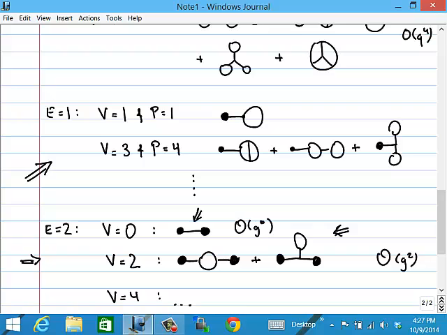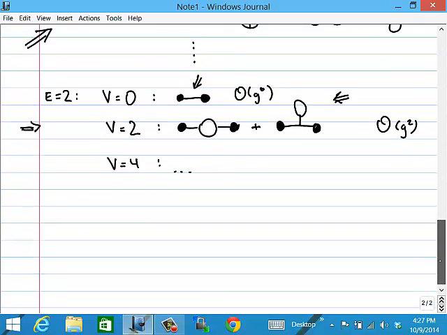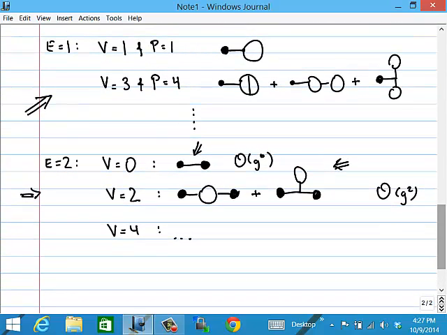Yes. So the fact that Z[J] is just the sum of all these diagrams, is that why it's called the partition function? It's like the sum over states. Yeah, so the reason why z is called a partition function, there are a lot of different reasons. It's not just an analogy.